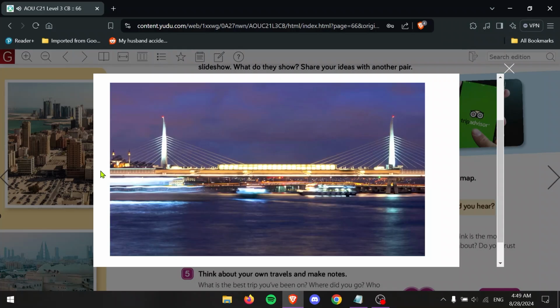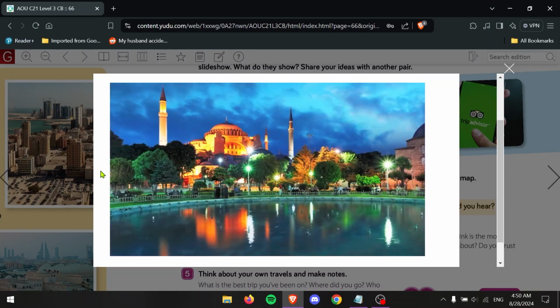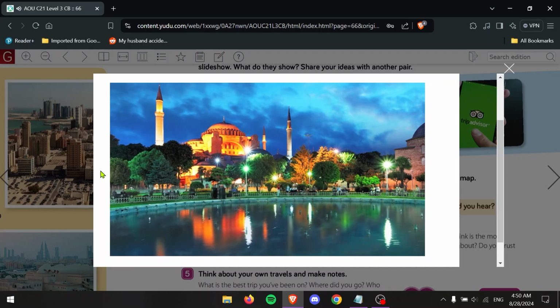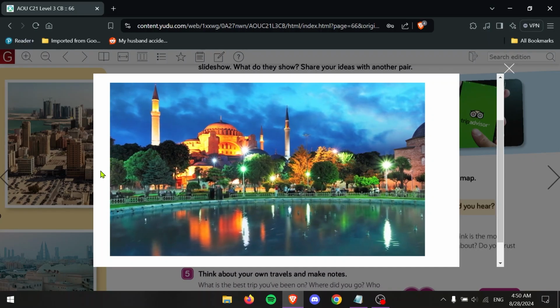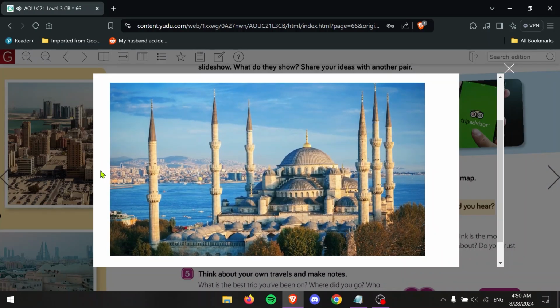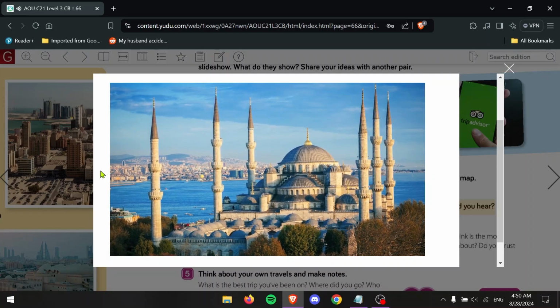You walk across the stunning Ataturk Bridge. You go to see the wonderful Hagia Sophia. You visit the elegant Blue Mosque with its blue tiles and 6 minarets.